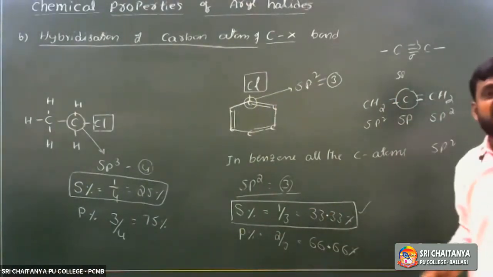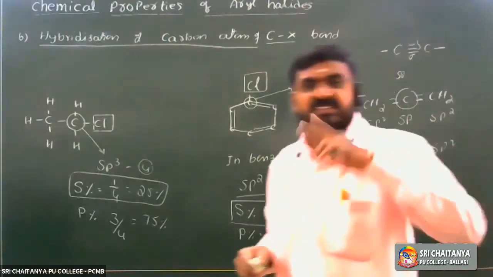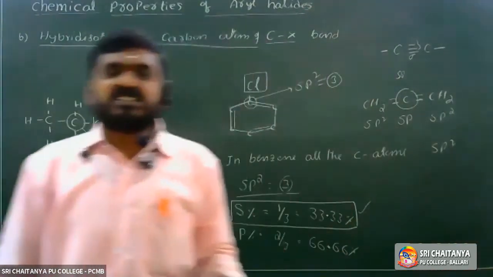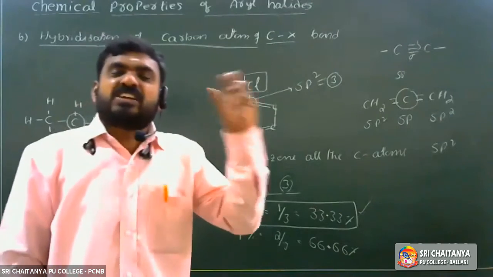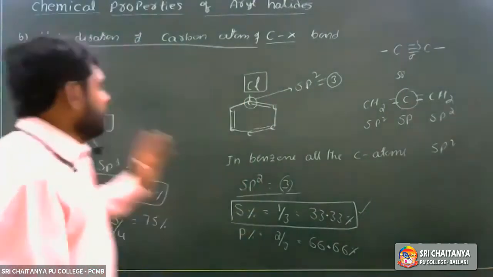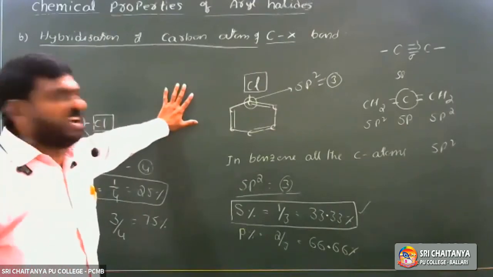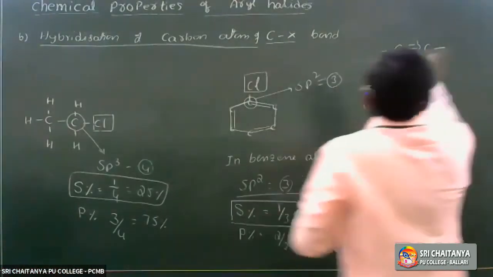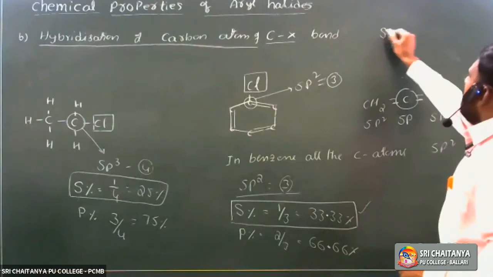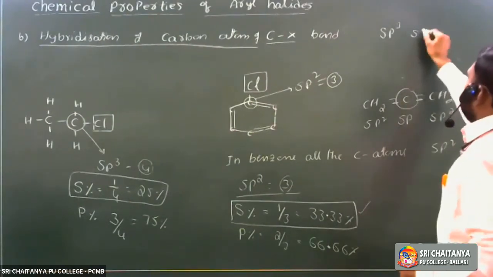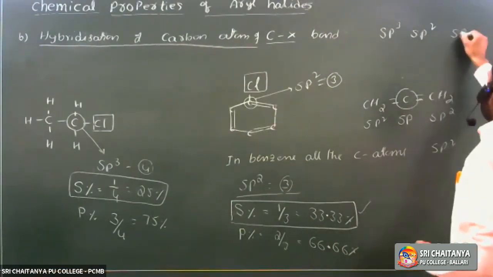So as the s character increases, electronegativity increases. So the electronegativity order of various hybrid orbitals is sp3, sp2 and sp.